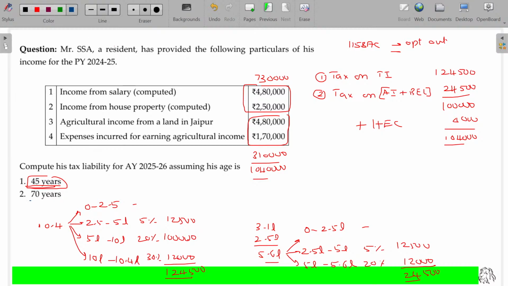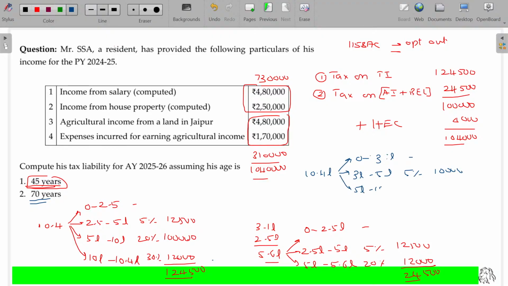What happens in case of 70 years? In case of 70 years, 10.4 lakhs. From 0 to 2.5, sorry, 3 lakhs, nothing is taxable. From 3 lakhs to 5 lakhs, 5%, which is 10,000.